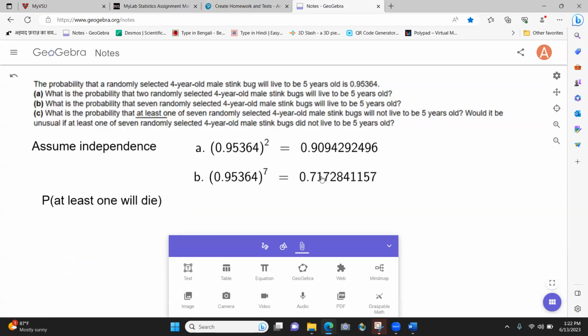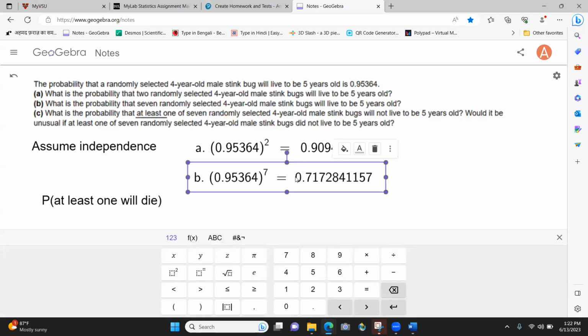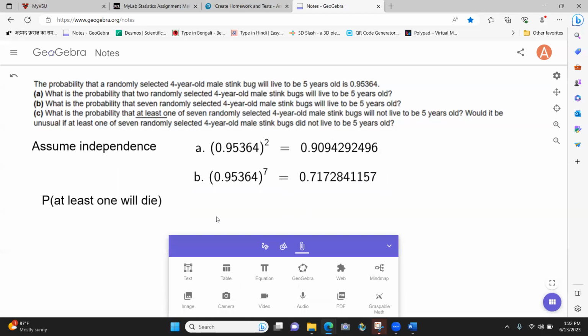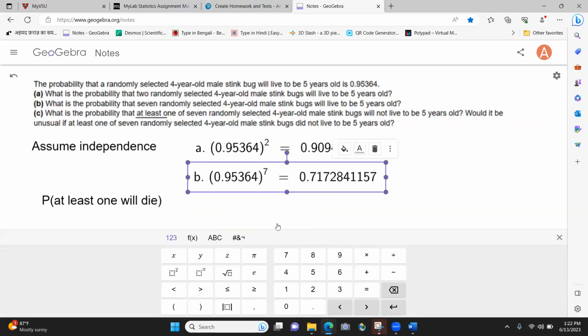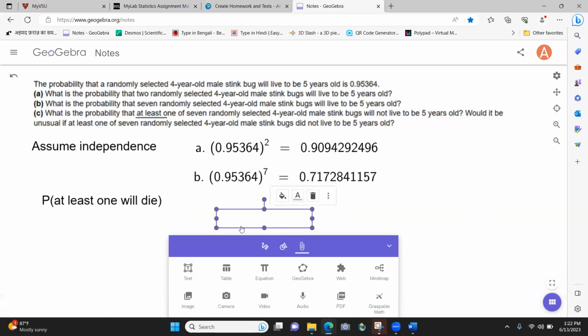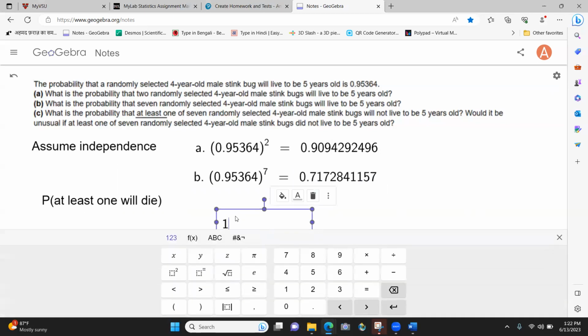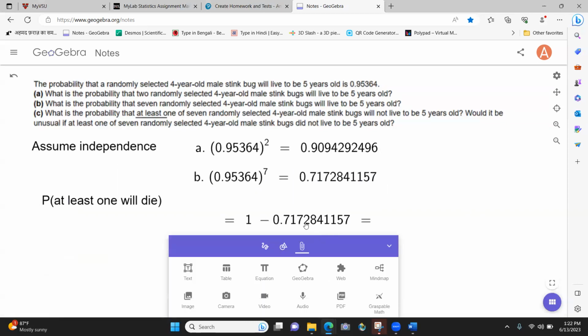And the probability of the complement is 1 minus this, whatever that may be.